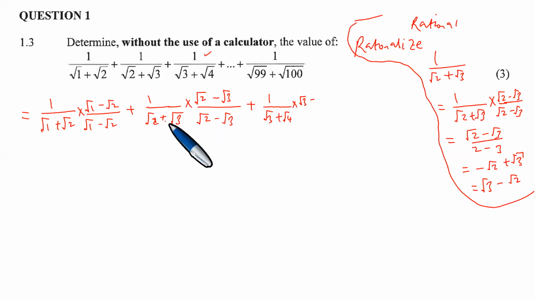But the expression you multiply by must have the opposite of the middle sign, so square root of 3 minus square root of 4. Plus dot dot dot. Okay, so we have these. We continue.